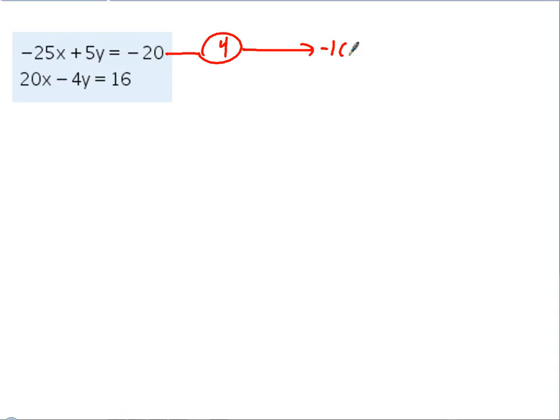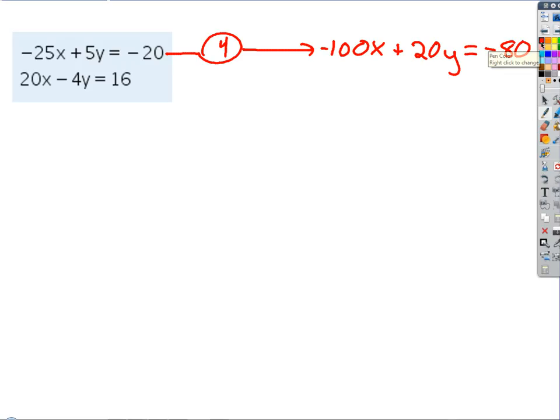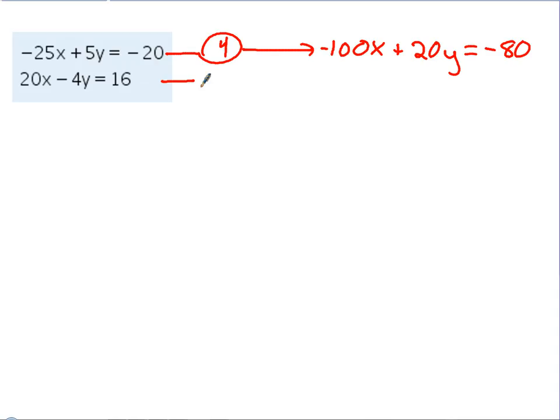Okay, negative 100x plus 20y equals negative 80. Now, what about the bottom equation? What am I going to multiply that one by to get my negative 20y on the bottom?